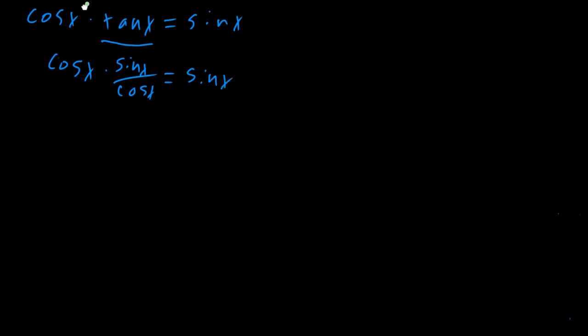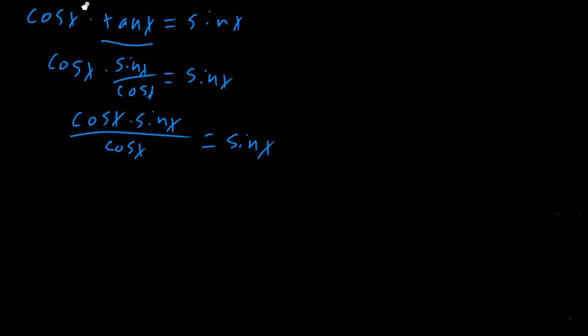Now we want to convert the left side into one term. And we can do that easily since there's a multiplication sign. So cosine of x times sine of x over cosine of x is cosine of x times sine of x over cosine of x. And that's equal to sine of x.